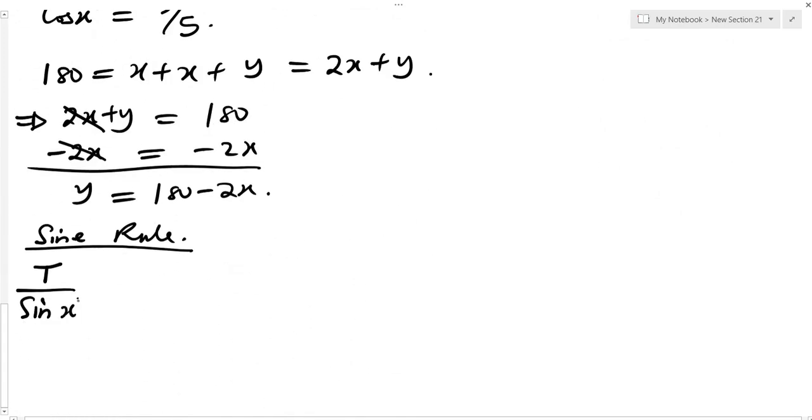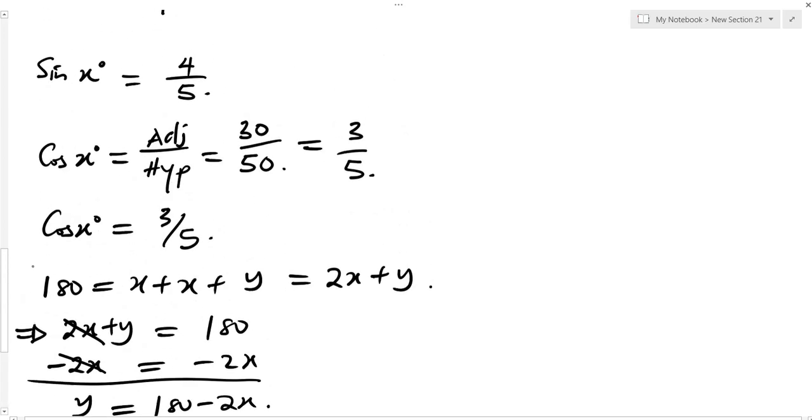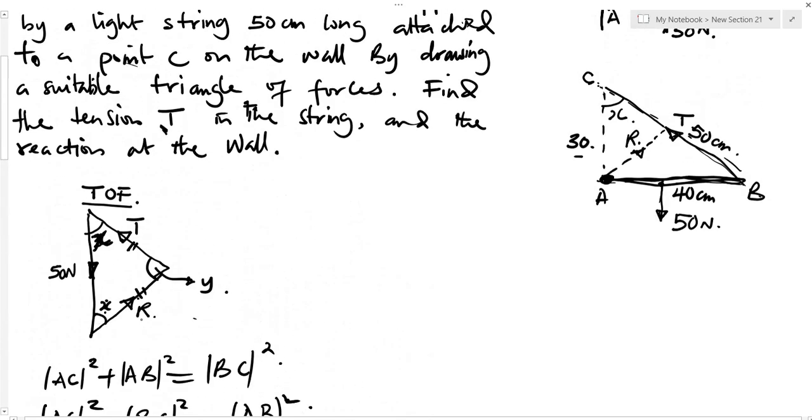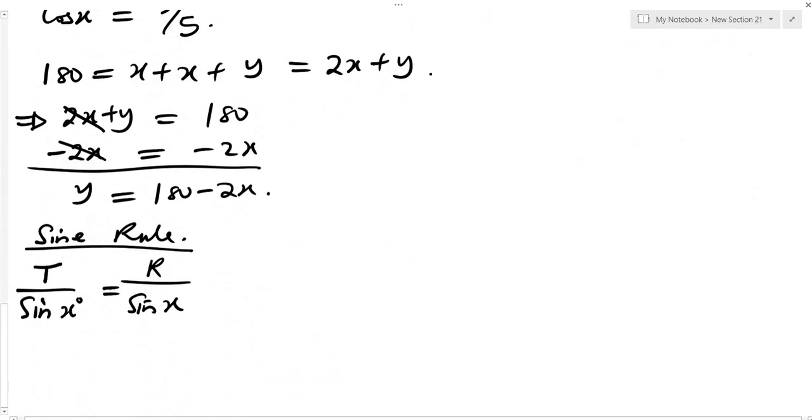So sine x equal to the other one, the reaction, equal to the sine of the angle that it is opposite to. So this reaction is opposite to this angle x. Now, which is equal to 50 all over sine of y, which is 180 minus 2x.